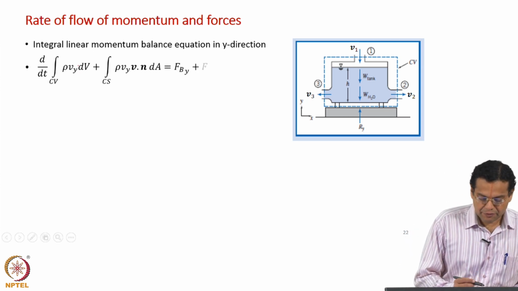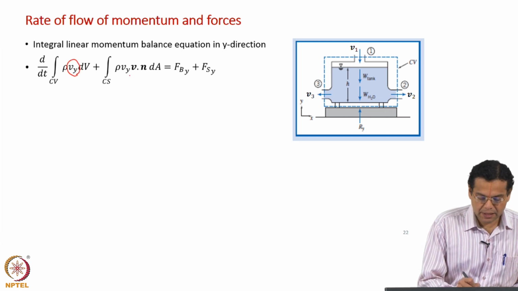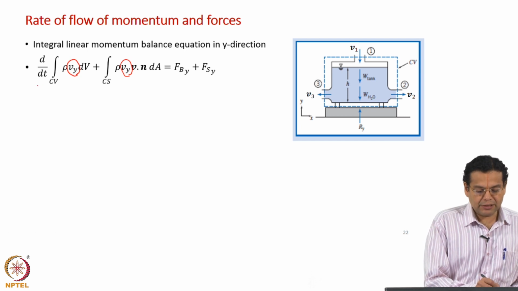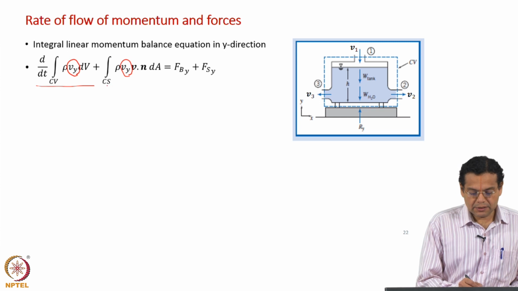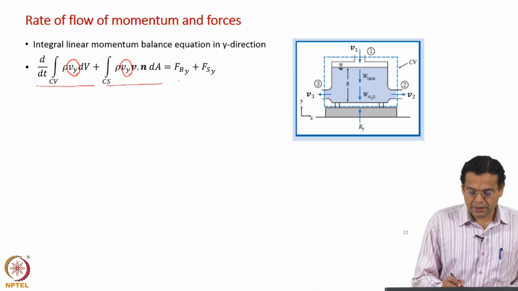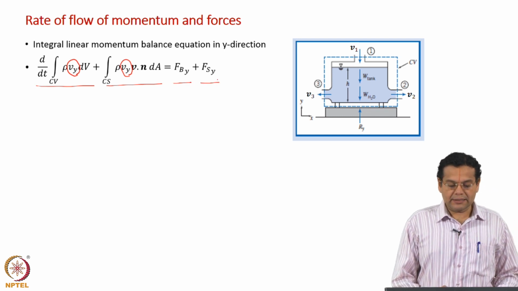That is why we have used the y component of velocity here, and similarly here. This term tells you the rate of change of y momentum in the control volume. This term tells you the net rate at which y momentum leaves the control volume, along with body forces and surface forces acting along the y direction.